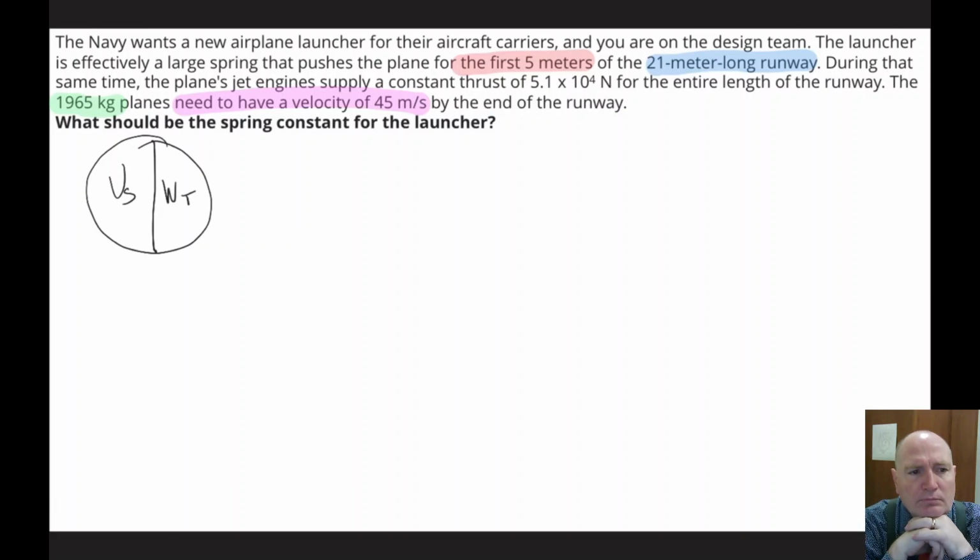Whether it's half and half is not the issue. Hopefully you remember that from the lecture. Just splitting up the pie in as many pieces as there are energies involved in the thing. And then all of that goes into kinetic energy, at the end of which we normally just write with a K, at the end of the runway, or once it's past the spring part of the puzzle here.